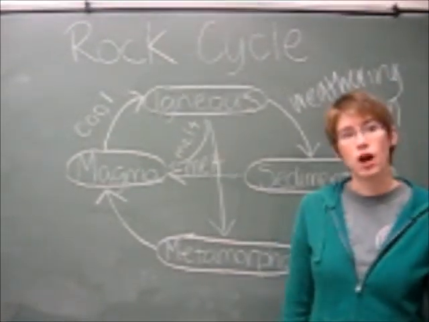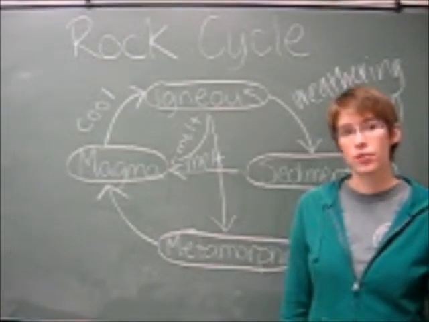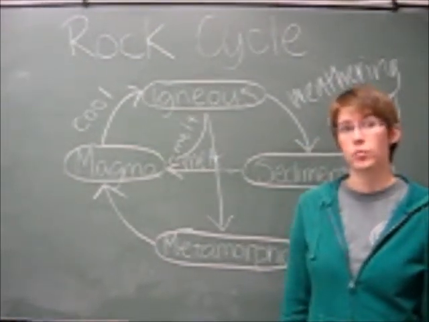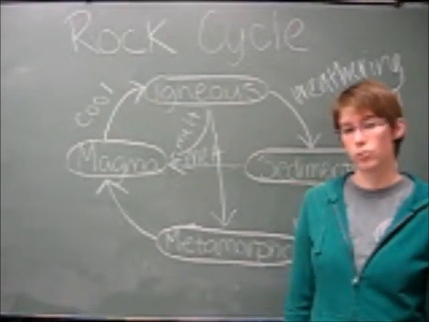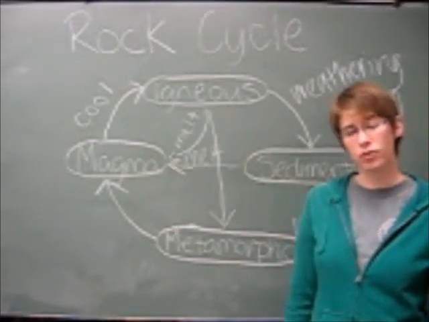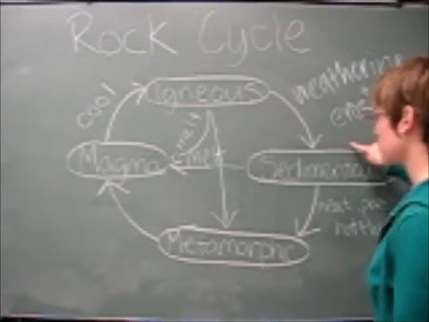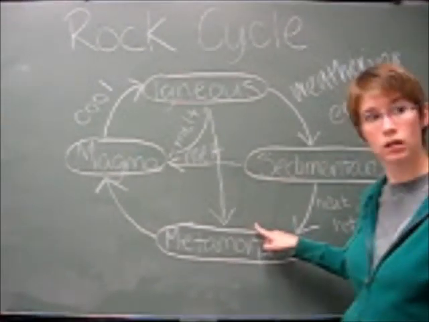Since metamorphic rocks are derived from other rocks, every metamorphic rock has a parent rock, which is a rock type that was metamorphosed. Parent rocks can be any of the three rocks: igneous, sedimentary, or metamorphic.